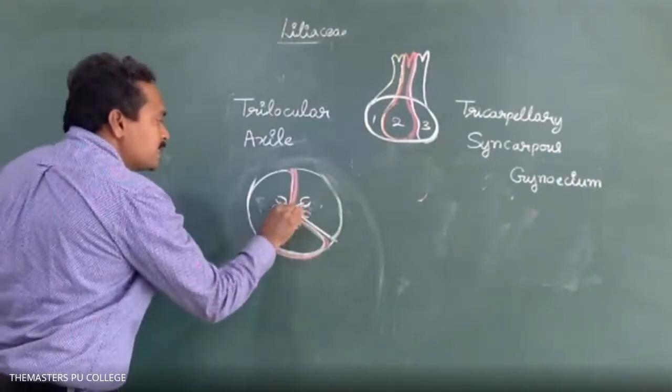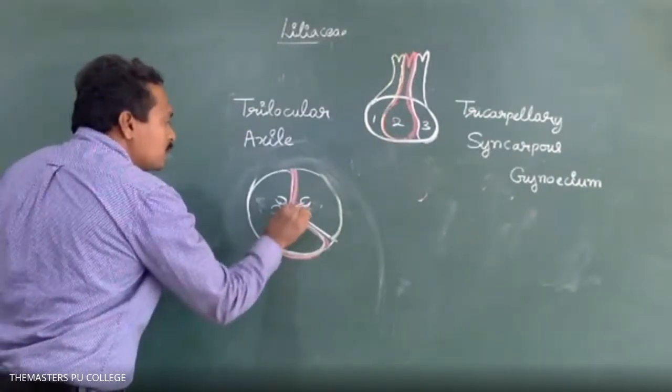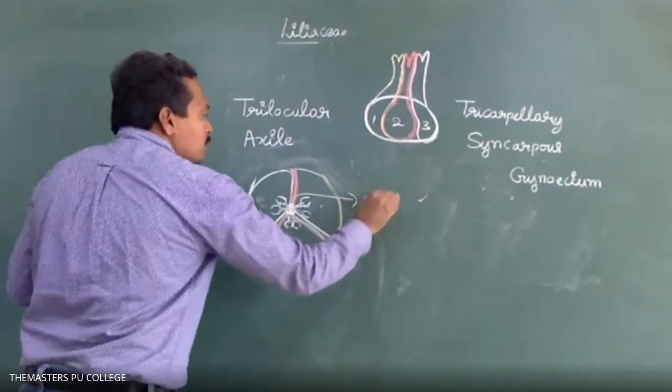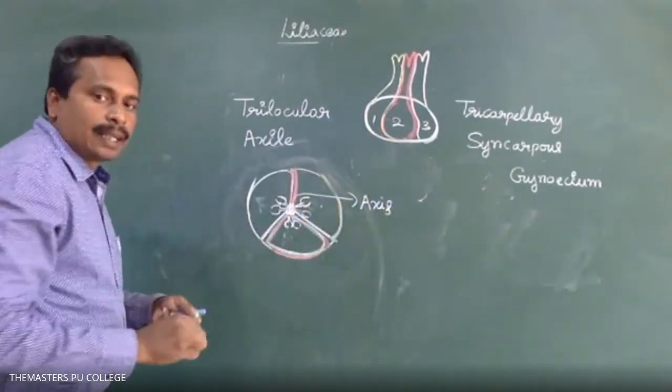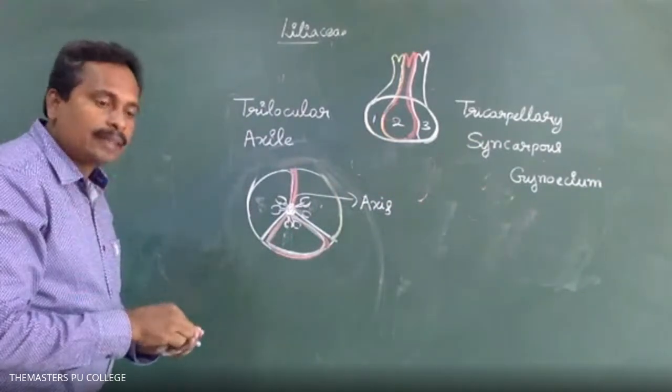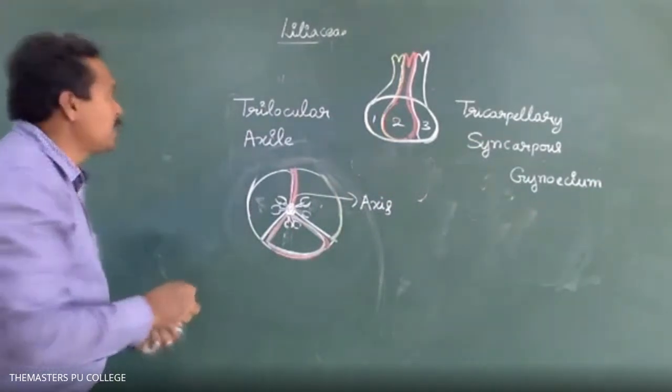This is the axis region of the ovary. The ovules are attached at the axis region of the ovary, so that placentation is called axile placentation.